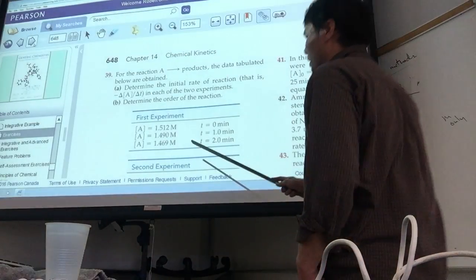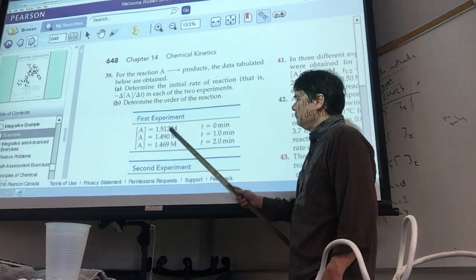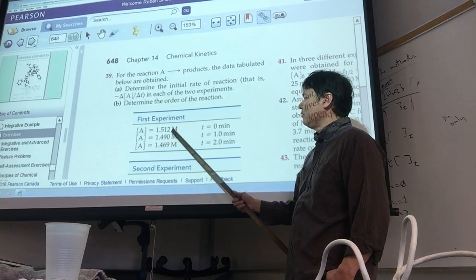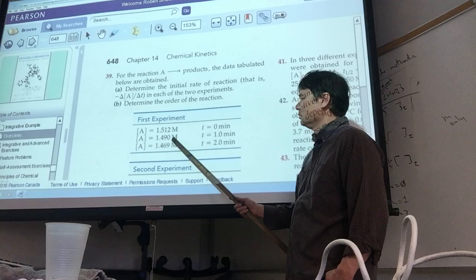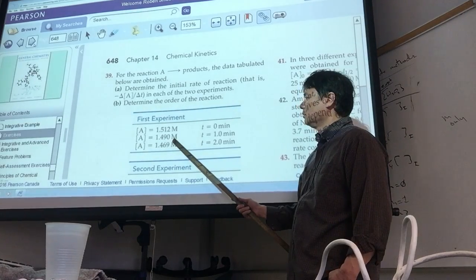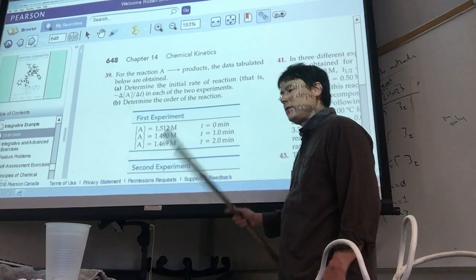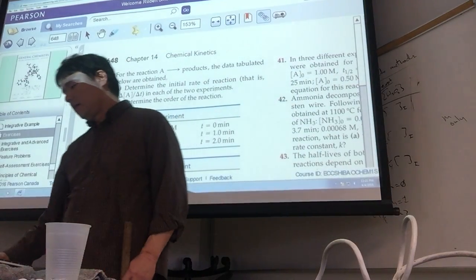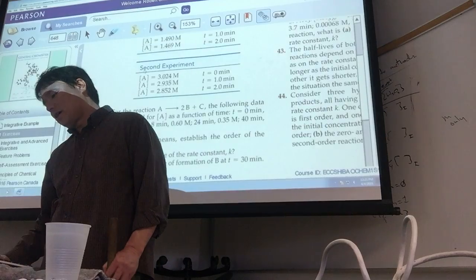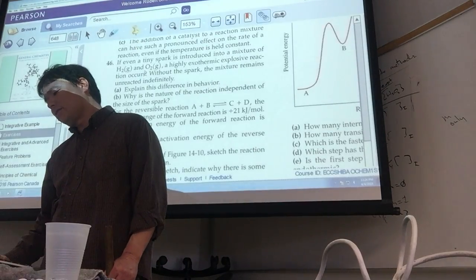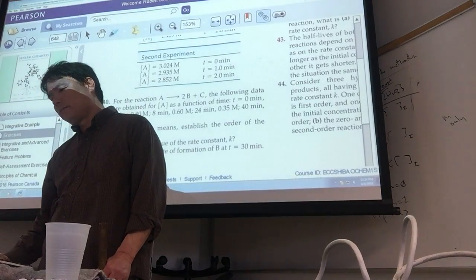These numbers are a little tricky here, but if I look at this, is less than 5% reaction occurred. That might be a little tricky to see. Tricky means you have to use a calculator. Let's see one where we don't have to use any calculator to figure it out.